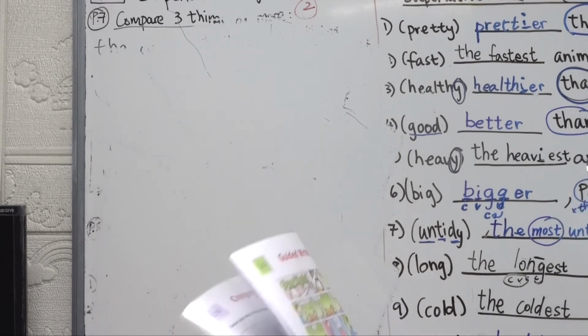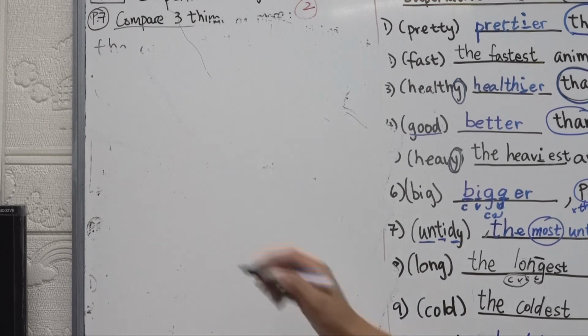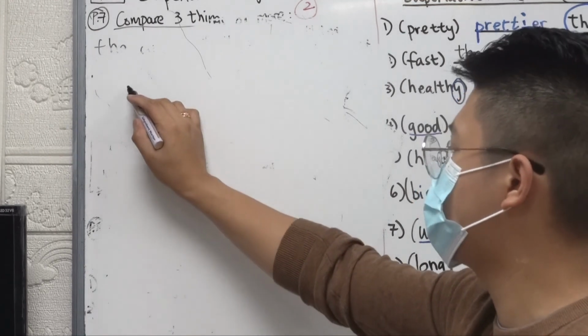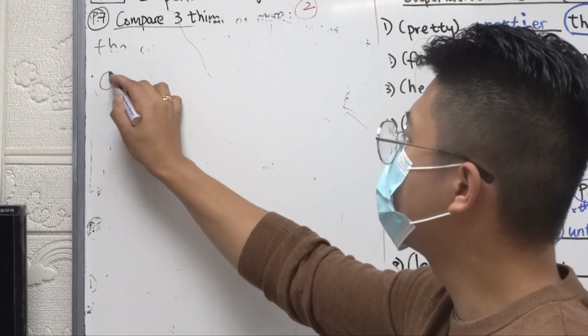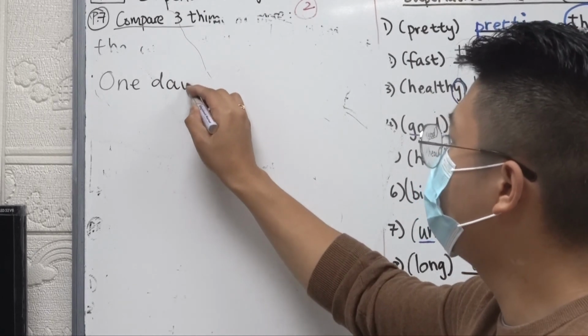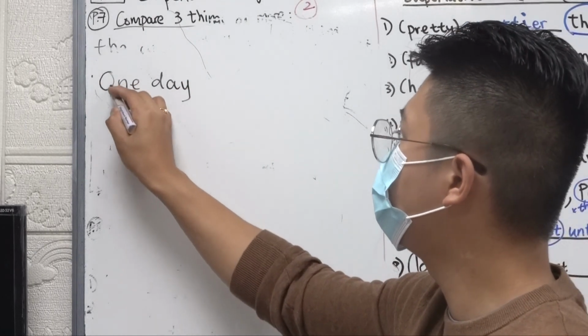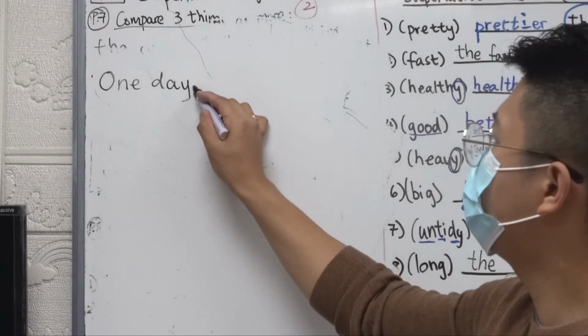Now we can start doing one together. You can start with, so we're writing this as a story. So one day, or in the past, or a long time ago. So let's try to say one day. Write it down on your lines. So one day, don't forget the comma.